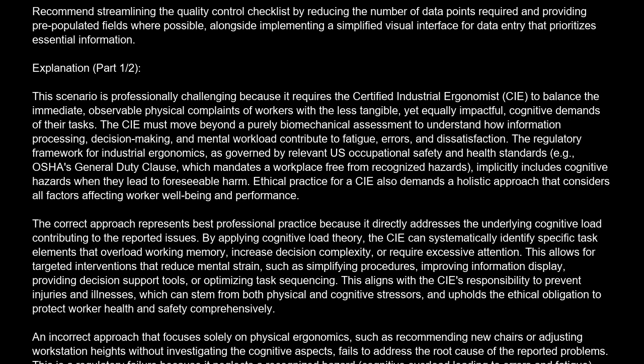This allows for targeted interventions that reduce mental strain, such as simplifying procedures, improving information display, providing decision support tools, or optimizing task sequencing. This aligns with the CIE's responsibility to prevent injuries and illnesses, which can stem from both physical and cognitive stressors, and upholds the ethical obligation to protect worker health and safety comprehensively.